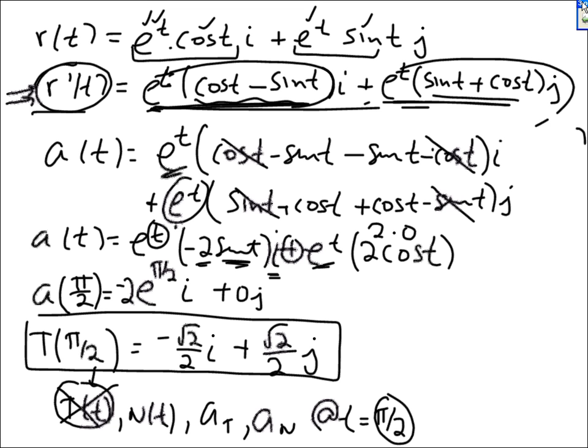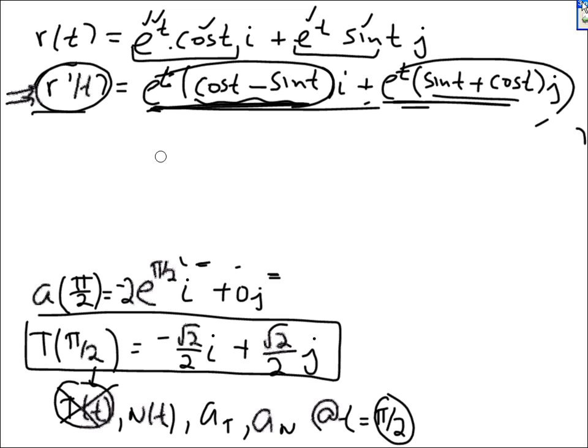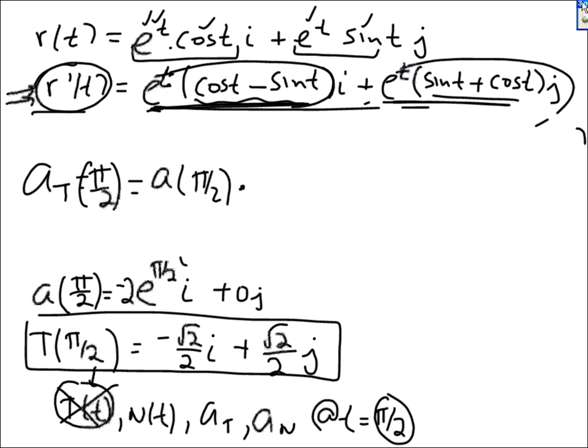Okay. So now that we have a of pi over 2 and T of pi over 2, we can find a sub t. A sub t of pi over 2 is, by definition, a of pi over 2 dotted with T of pi over 2.